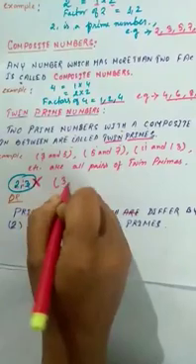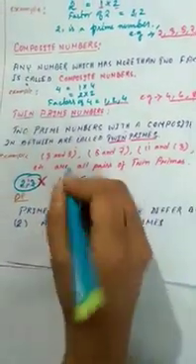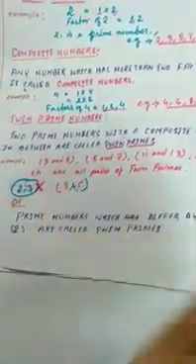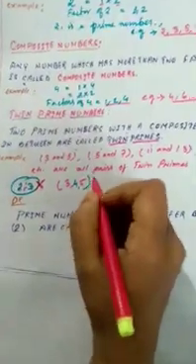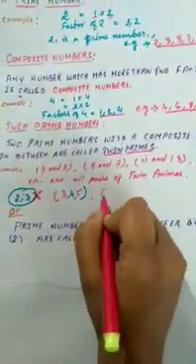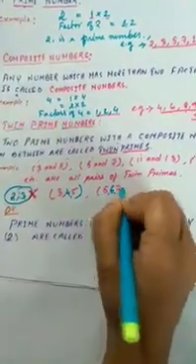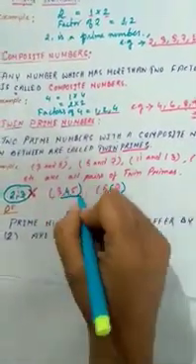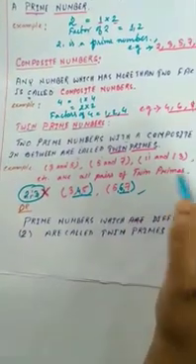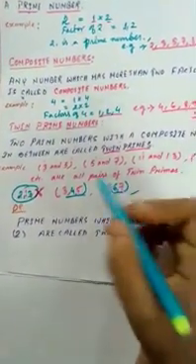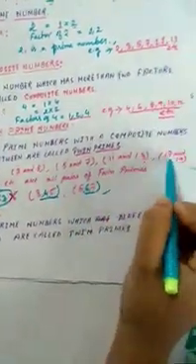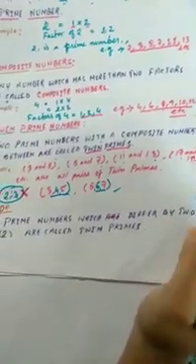But between 3 and 5, there is a 4. Yes or no, children? Yes. Next, 5 and 7 also have a composite number 6 in between them. That's why these are examples of twin primes. Like 5, 7, 11, 13, 17, 19, same way we can find more.